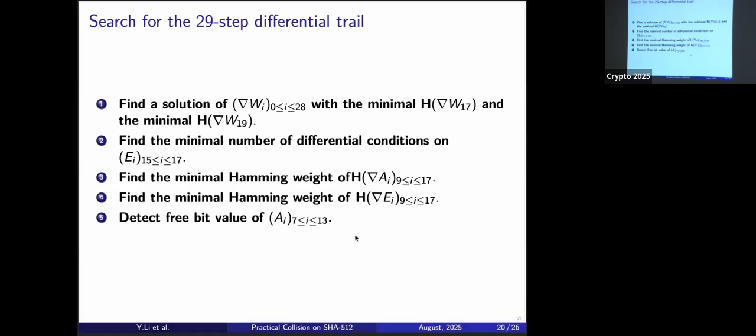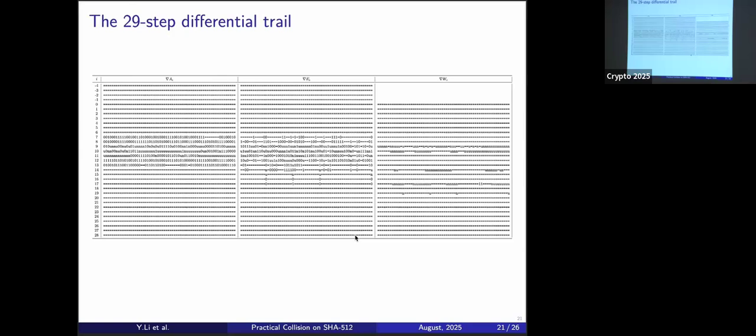Based on the non-zero message expansion message words, we can find the 29-step differential trail. It has 5 steps, so we can find a valid 29-step differential trail.